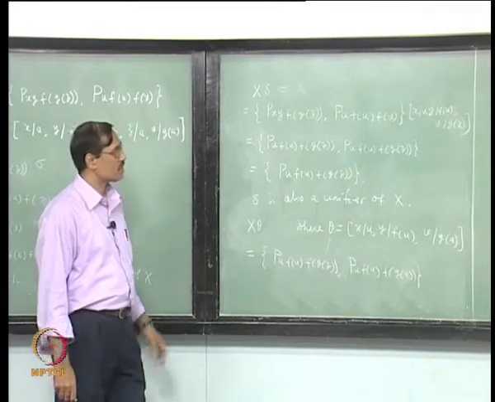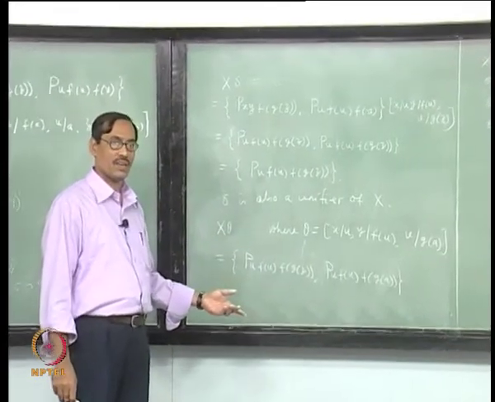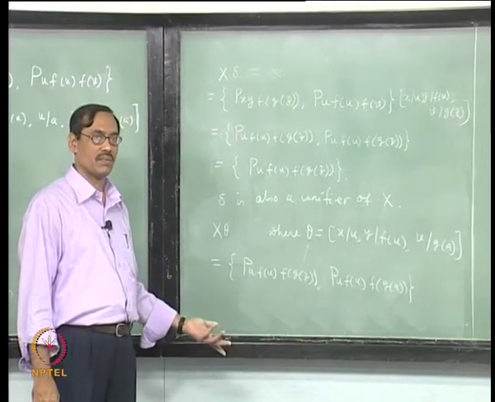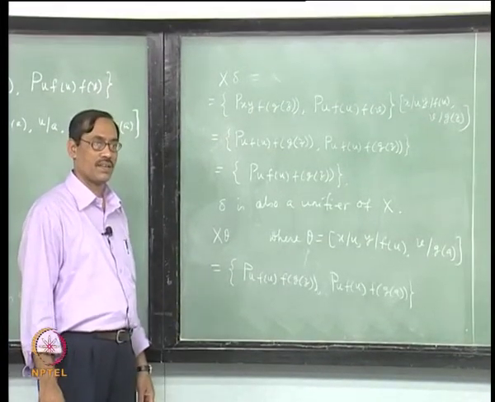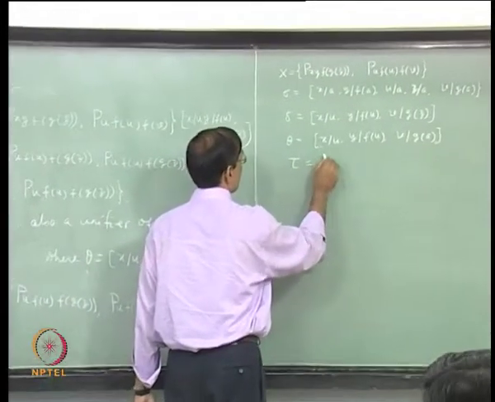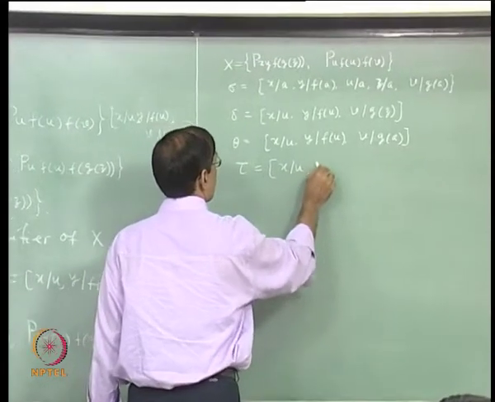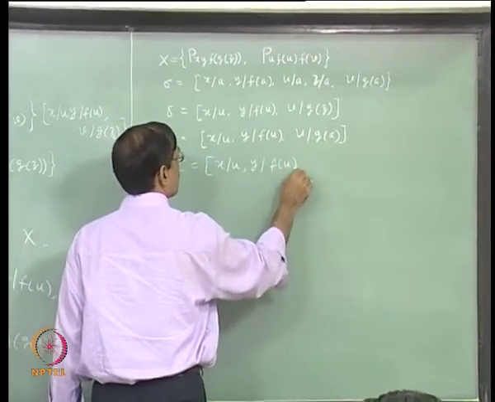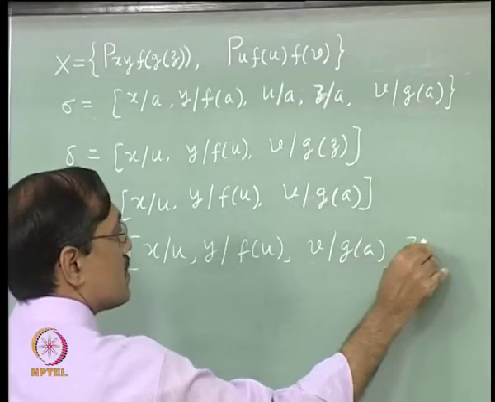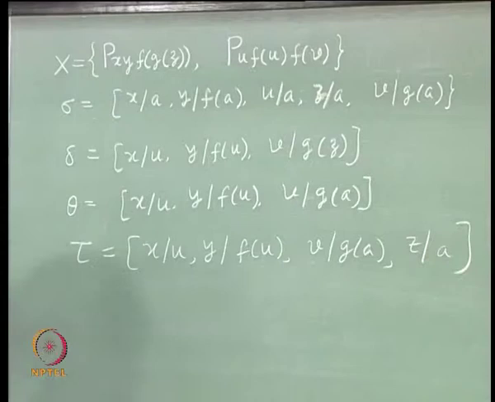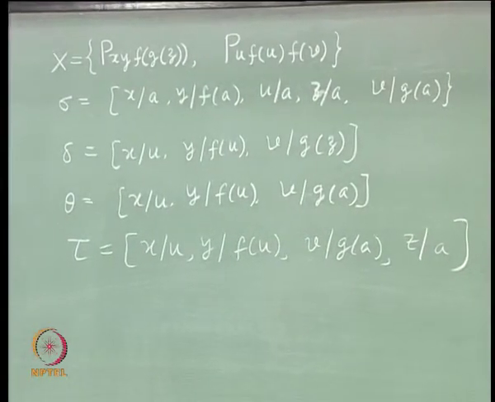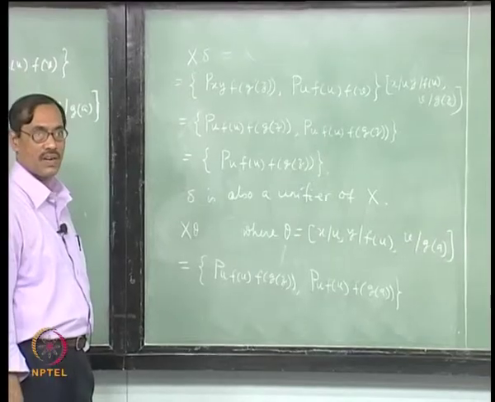Okay. But suppose you have z by a now in theta, then it becomes a unifier. Is that okay? So let us have another, say tau, equal to x by u, y by f of u, v by g of a, z by a. Now let us verify whether this is also a unifier or not.